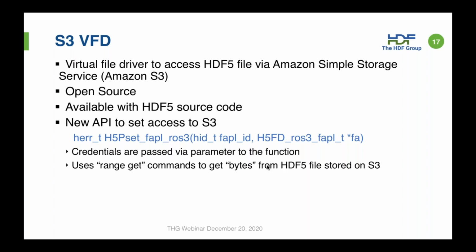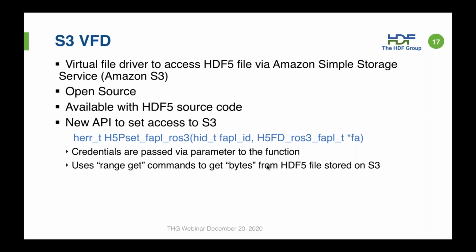In this example, this is the API to tell the library that the file is in an S3 bucket, and the credentials to access the S3 bucket are passed to the application through a structure, or they can be in a configuration file. And S3 is not different from any other regular driver we provide.